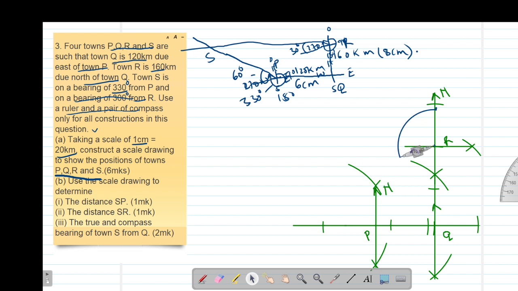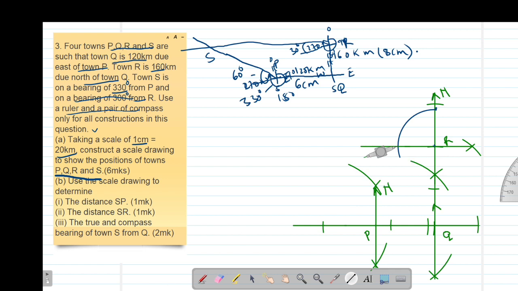Then of course, with the same radius, I'm going to transfer this one to this point here, because remember this line was supposed to, I can actually extend this line so that you clearly see what is happening. So I can make this line longer.